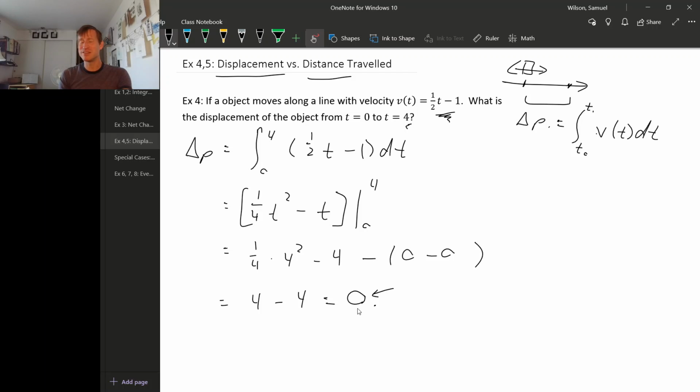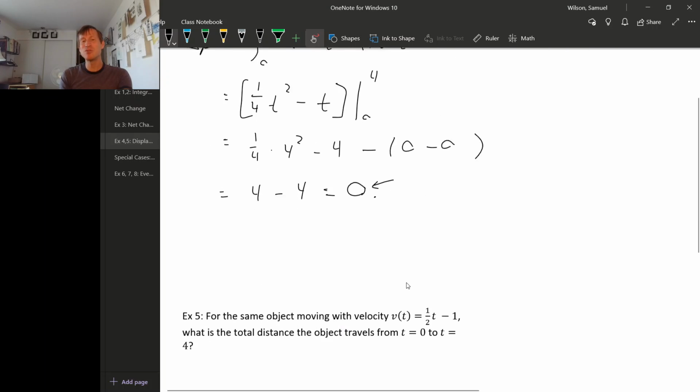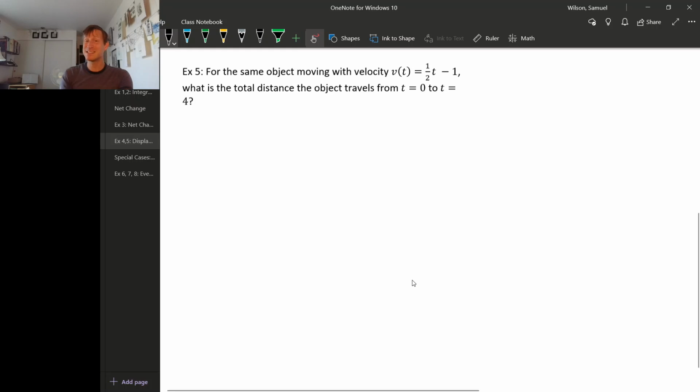So the displacement is 0, but let's ask what is the total distance that it traveled. That's a different question, right? The reason that the displacement came out to be 0 was because sometimes the object was moving to the right and sometimes to the left, and it moved an equal amount to the right and to the left.